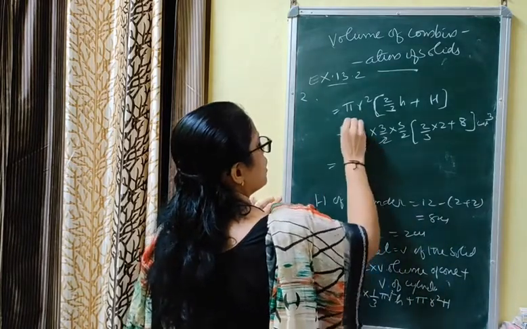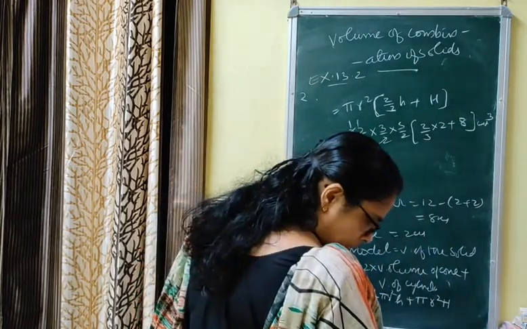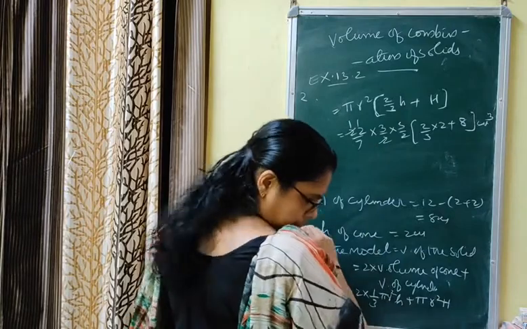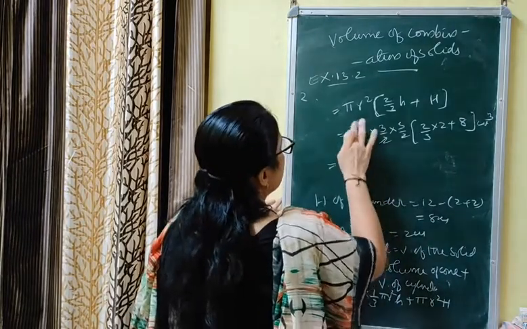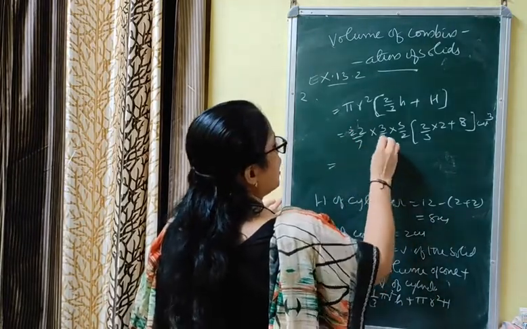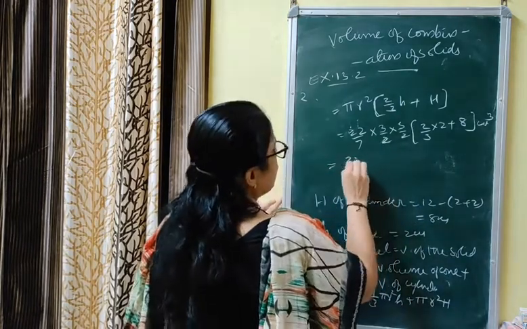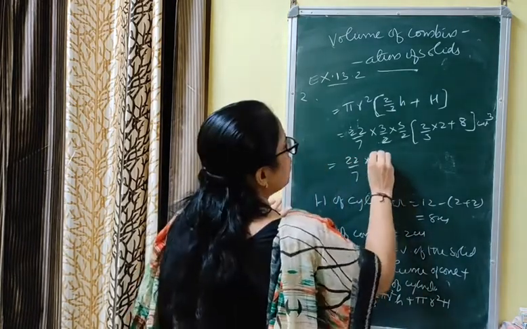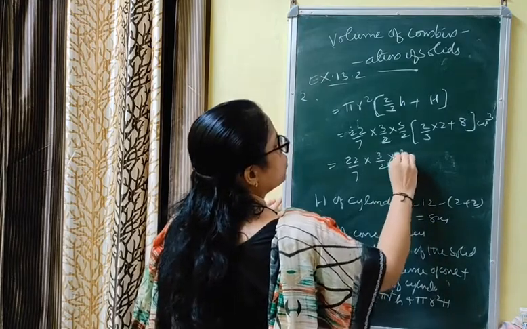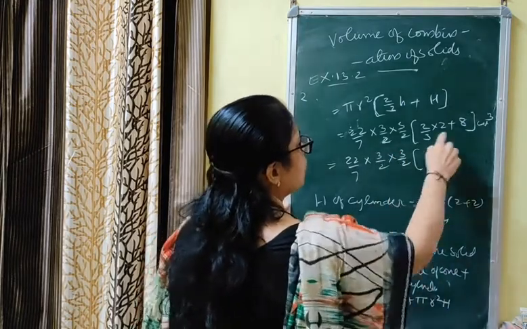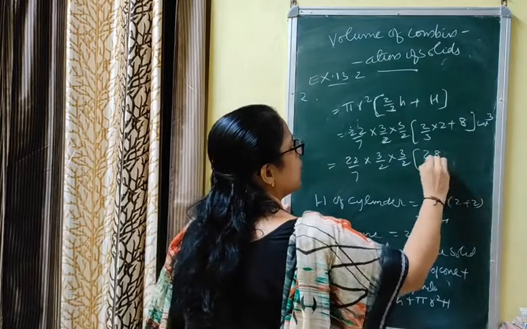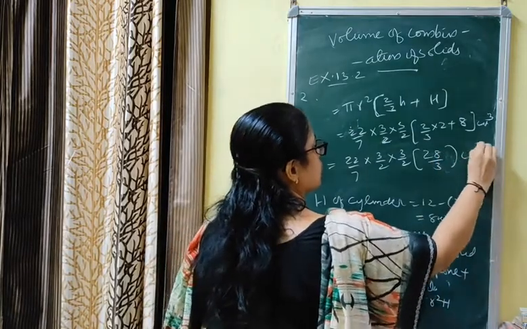That means it is getting cancelled. We will look at the cancellation in the last step. You will get this as 22 by 7 into 3 by 2 into 3 by 2 into, if you take LCM, 24 plus 4, 28 by 3 into cm cube.